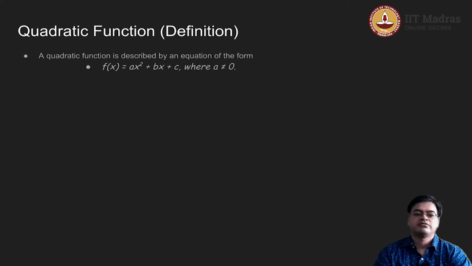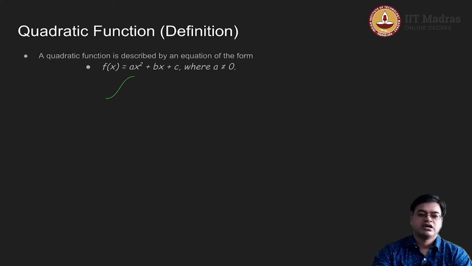As can be seen from the definition, it has a term containing ax square. So if a is equal to 0, it doesn't have a term containing square, so it no longer remains a quadratic function and it is a linear function, which is equivalent to a straight line as a geometric object. So we will put a condition that a is not equal to 0. That means we are studying a quadratic equation.